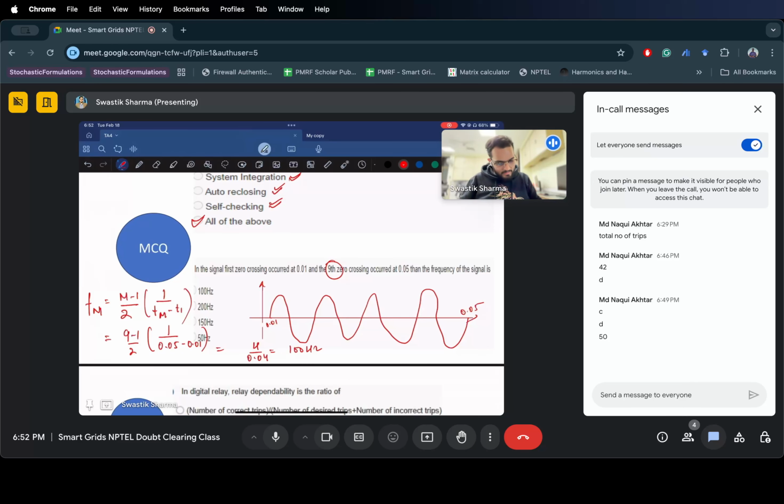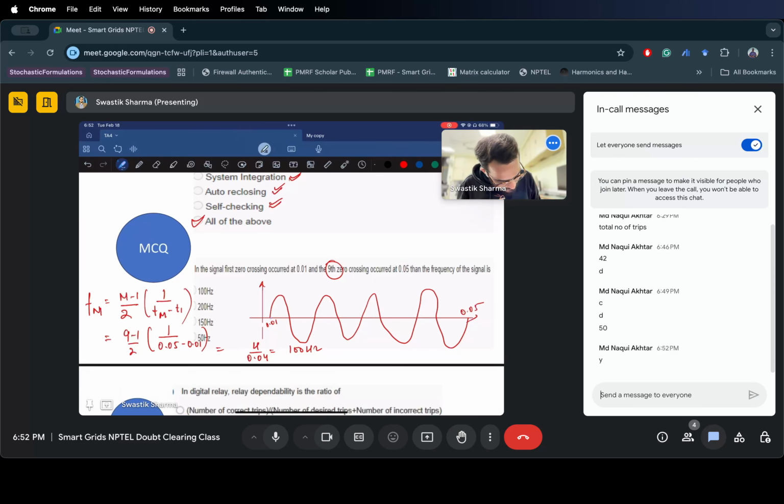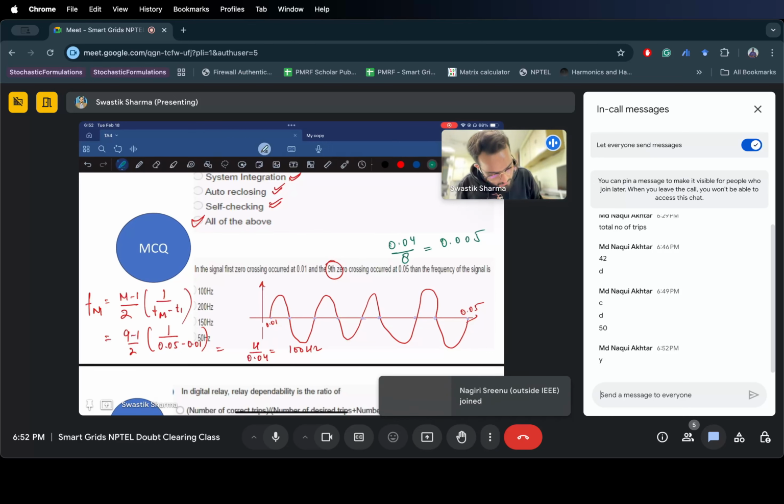Let's check. There's one more way to check this. For 8 zero crossings in between, you took 0.04 seconds. That means for each zero crossing, you took 0.005.